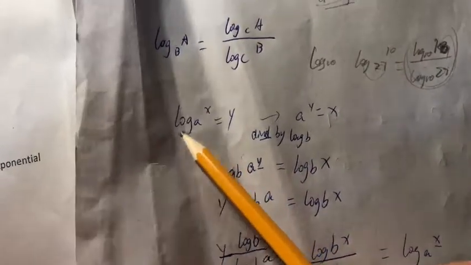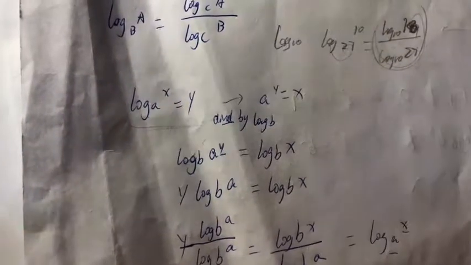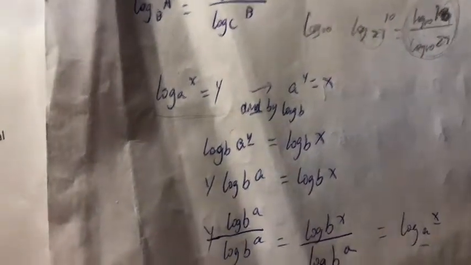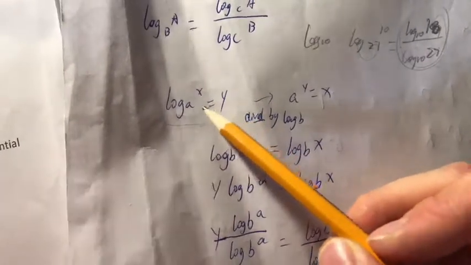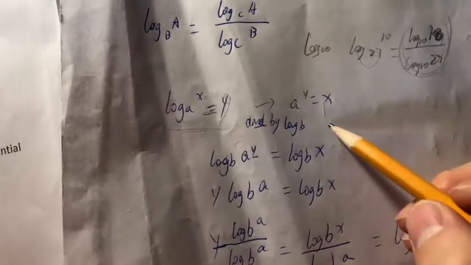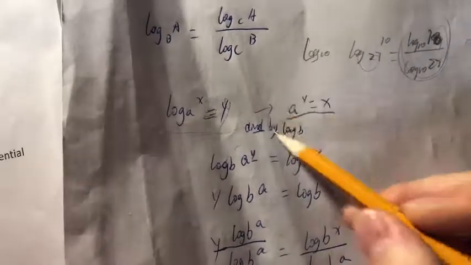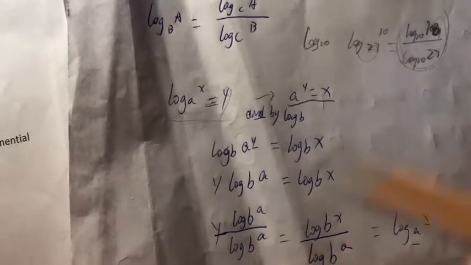So we find any log, log_a. We presume this is the case. It's the same thing, we're just turning it around into the log formation.